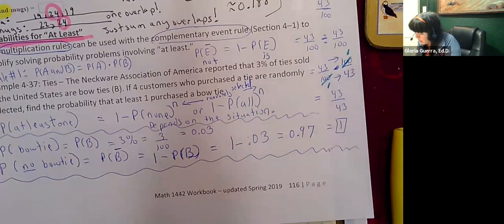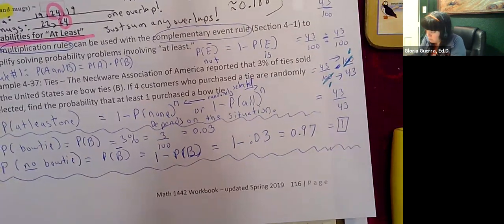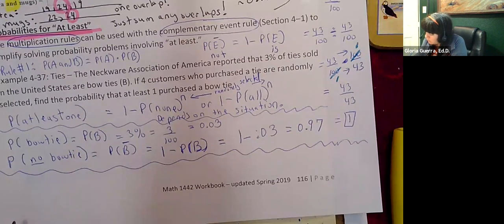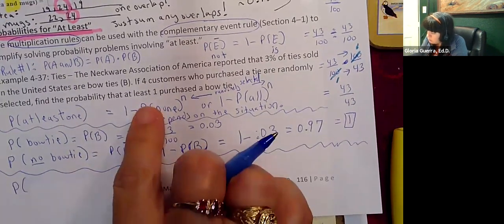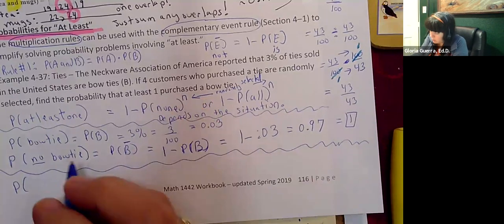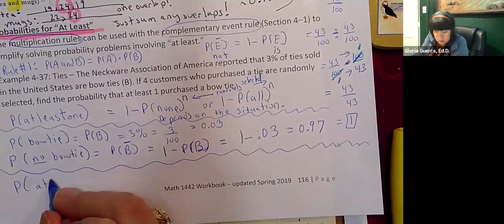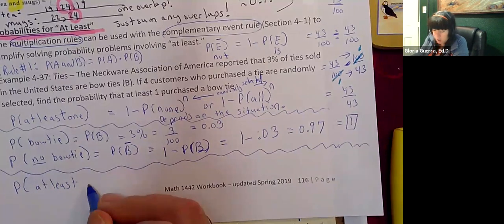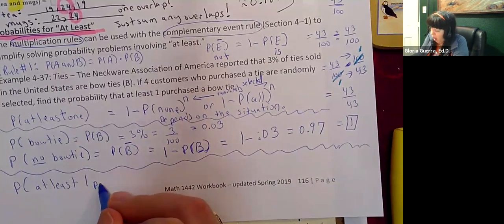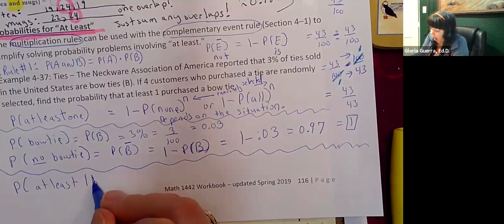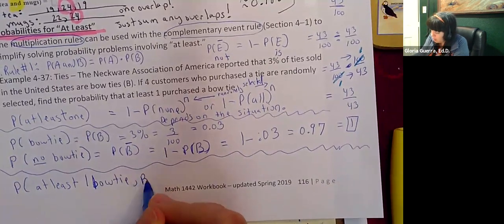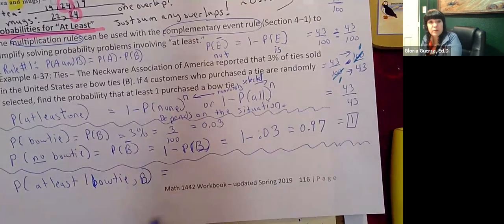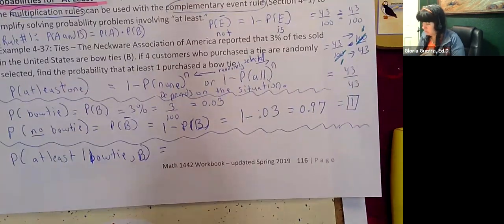And I'm going to write, find the probability at least one purchases a bow tie. So probability at least one bow tie, capital B.